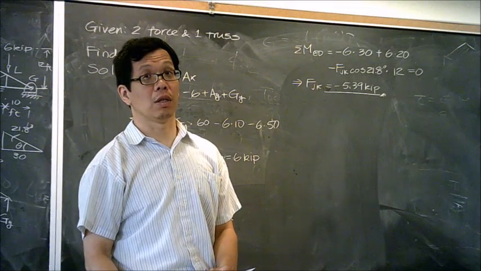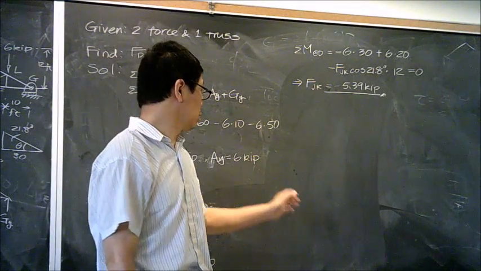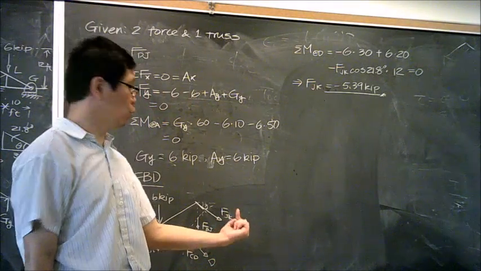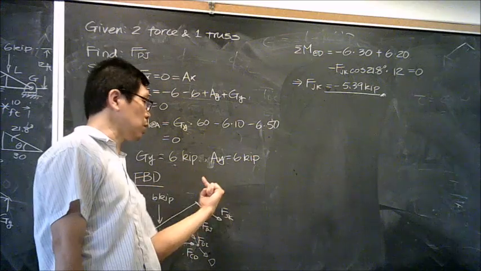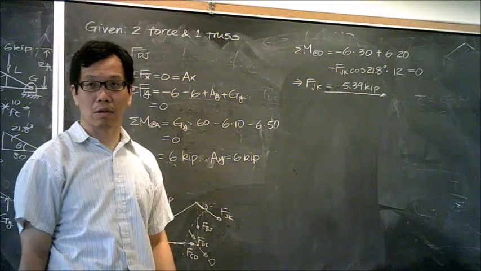What does this tell me? I have a negative sign in front of it. The direction of my assumption is what? Opposite. So it should be a force pushing in this direction instead of pulling away. Does that make sense to everybody?